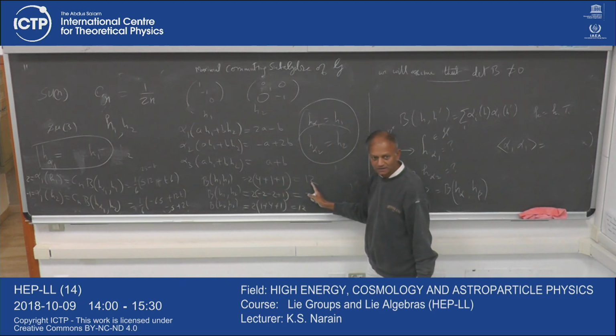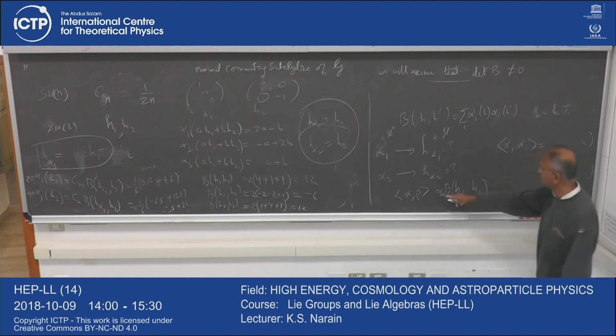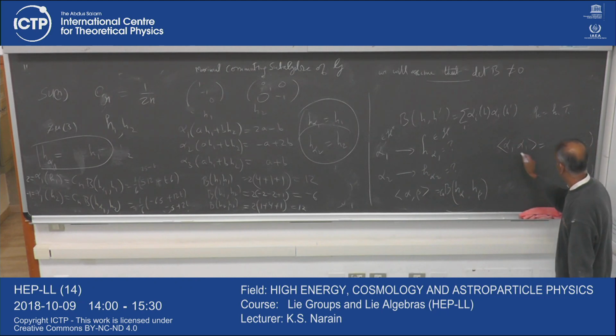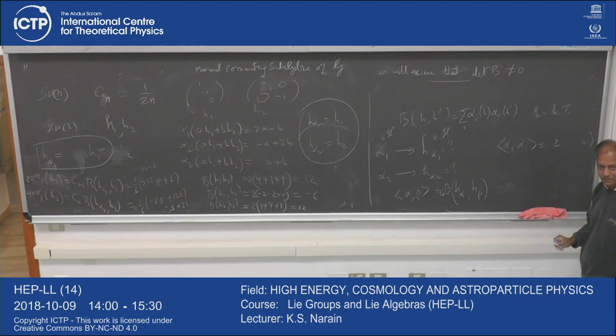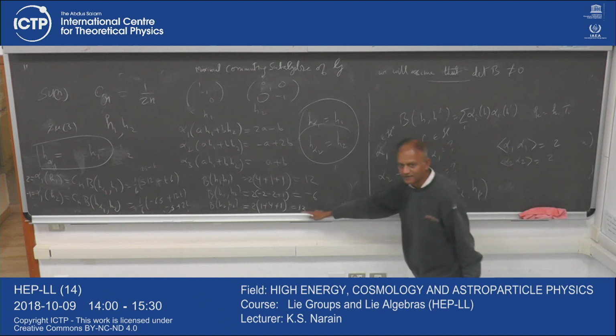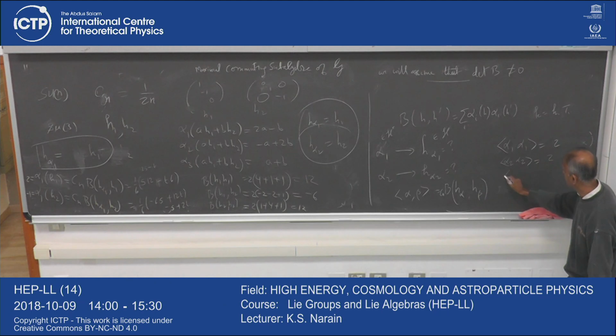B of H1, H1 is 12, right? There is a Cn also, right? So 12 divided by 6 is 2. Sorry. So alpha 1 is 2. Alpha 2 is also 2, because this is also 12. H2 is 12.